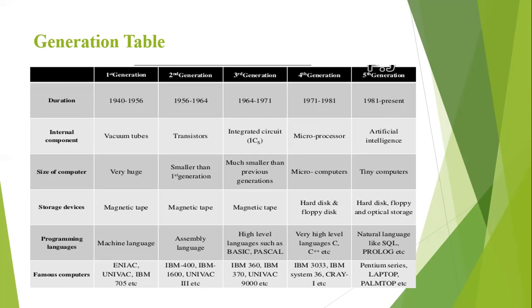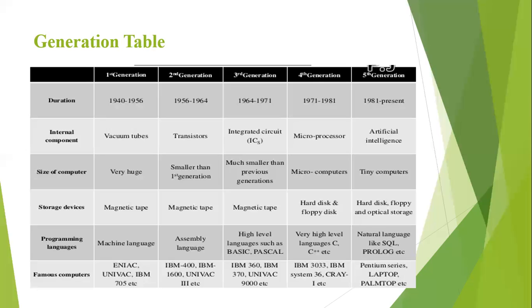The programming language was machine language. Famous computers of that era were ENIAC, UNIVAC, IBM's 705, etc.